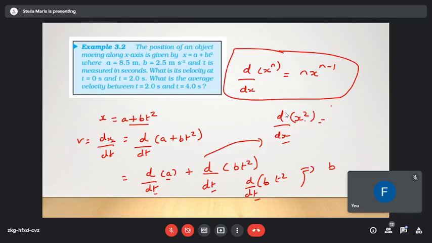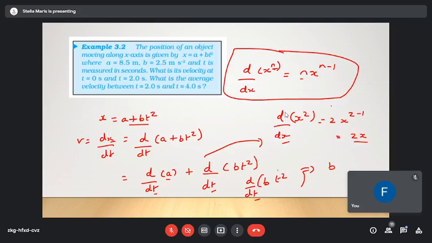In the place of n, you have 2. So this 2 will come here, and x power n minus 1, that is 2 minus 1. So what happens, 2x. You get my point, Disha? Do you follow? Yes, sir. Understood, sir.